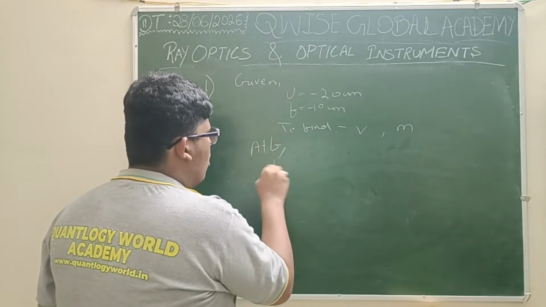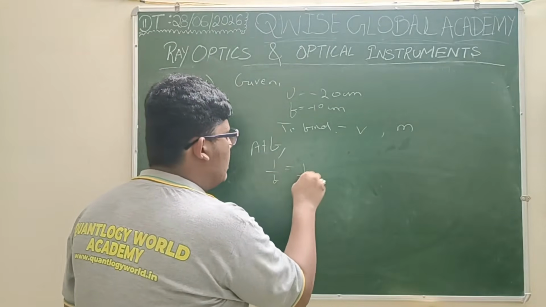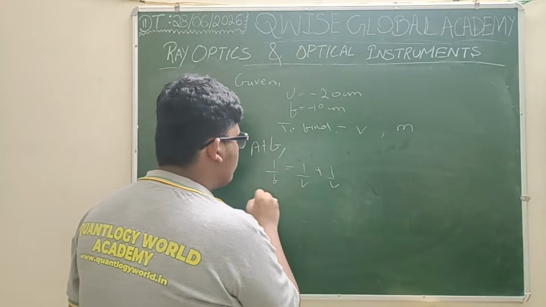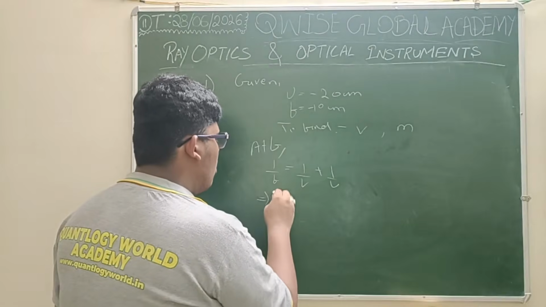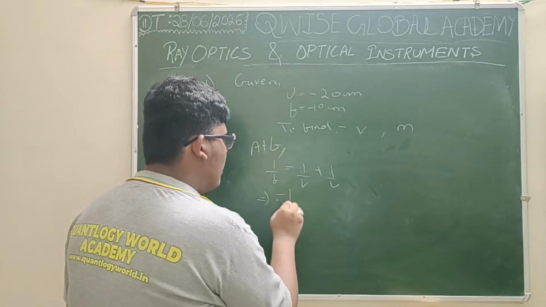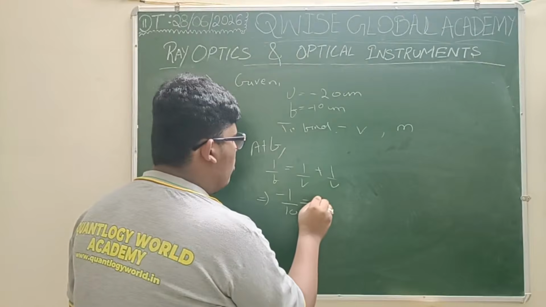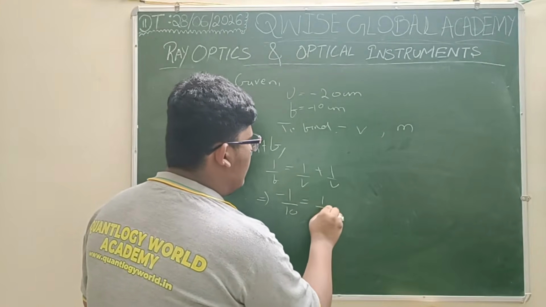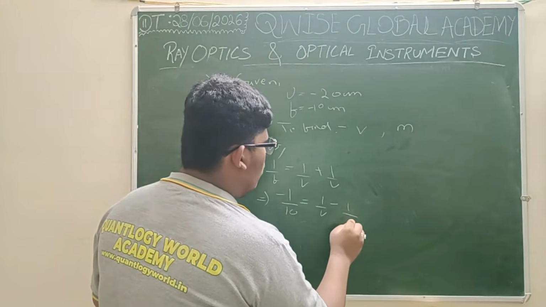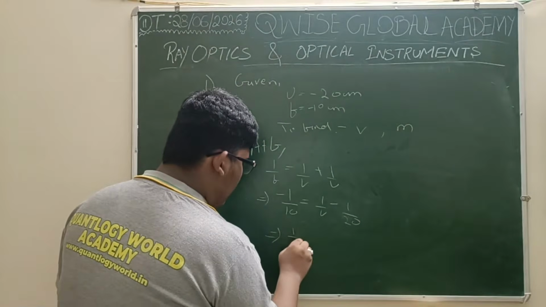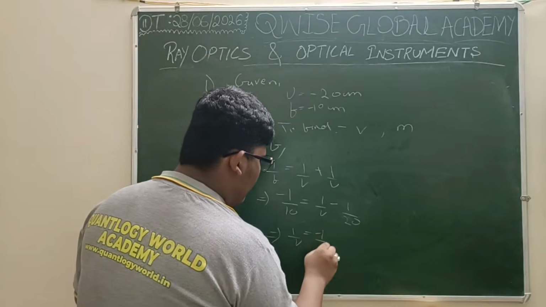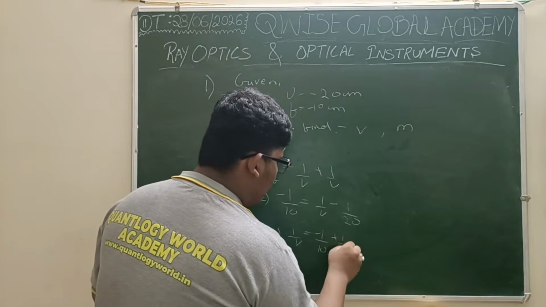According to the formula, 1 by f equal to 1 by v plus 1 by u. 1 by f means minus 1 by 10 equal to 1 by v minus 1 by 20. 1 by v equal to minus 1 by 10 plus 1 by 20.